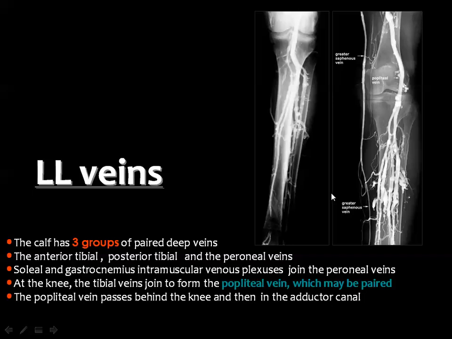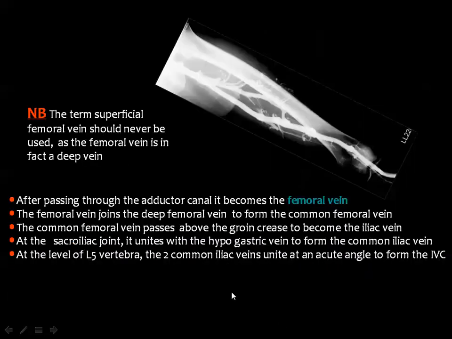Each artery has two veins running along each side, and then we have three groups of paired veins corresponding to the anterior tibial, posterior tibial, and the peroneal arteries. All these veins have competent valves that prevent the blood from going back in the opposite direction.